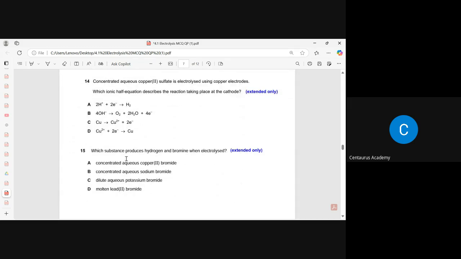All right, look into this one. A concentrated aqueous copper 2 sulfate is electrolyzed using copper electrodes. Which ionic half equation describes the reaction taking place at the cathode?